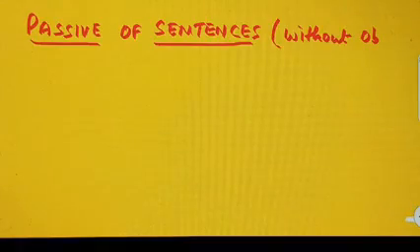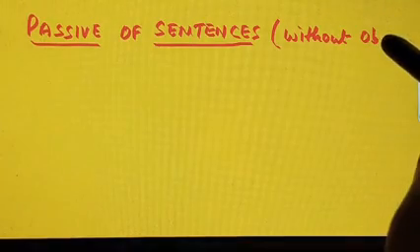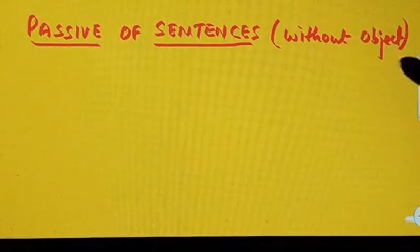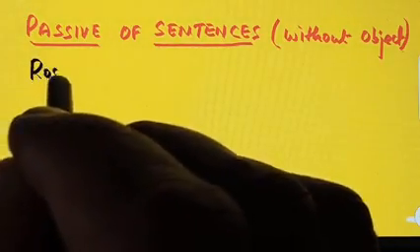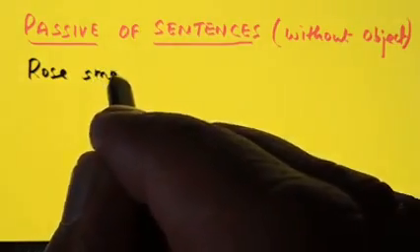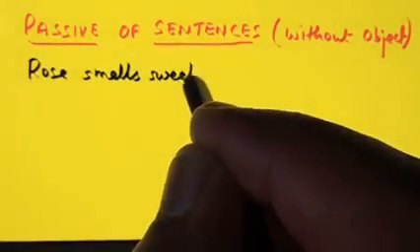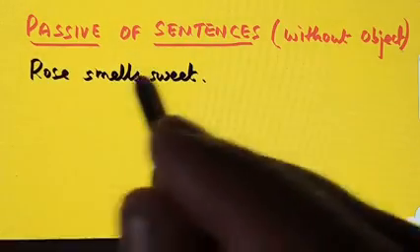Last, we will discuss passive voice sentences without objects, like Rose smells sweet. Here the subject is Rose but the object is not there.